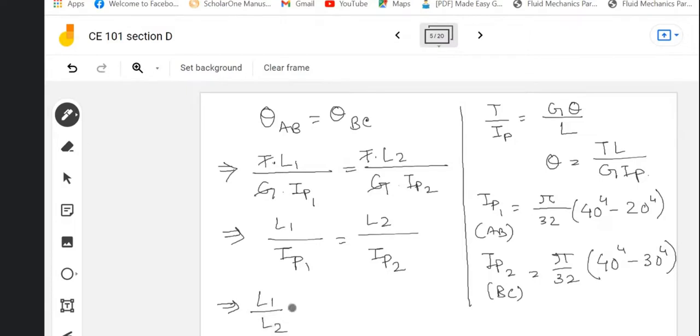L1 by L2 can be written as IP1 by IP2. Pi by 32 will get cancelled. So this will be 40 to the power 4 minus 20 to the power 4 by 40 to the power 4 minus 30 to the power 4. What is the relationship between L1 and L2?